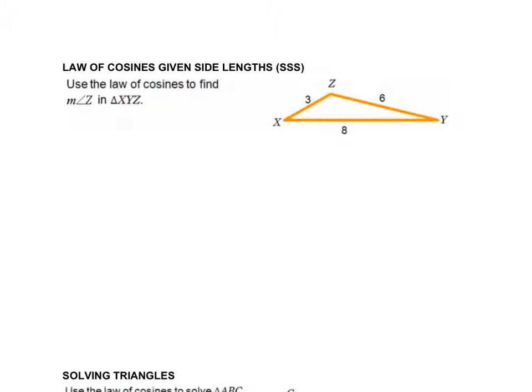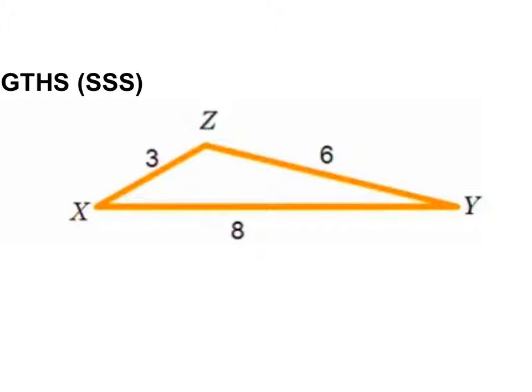All right, so the first example is that we want to use side, side, side to help find some angle measures. Now, in this question, it just wants us to find what angle Z is. Let's look here, and I'm going to label this triangle.